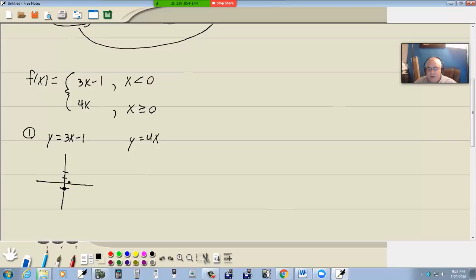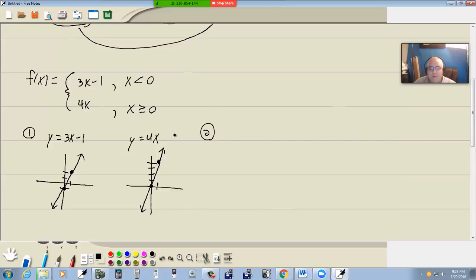Which means we'll go up 3 and right 1, and that's where we put our second point. And that'd be our graph. Now y is equal to 4x. That passes through the origin, and our slope is 4, which will be 4 over 1, which means I'll go up 4, and I'll go right 1. And that'll be that graph.